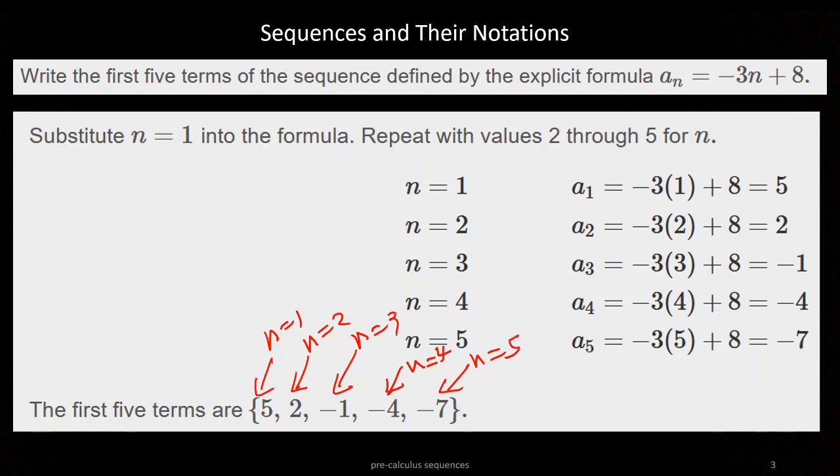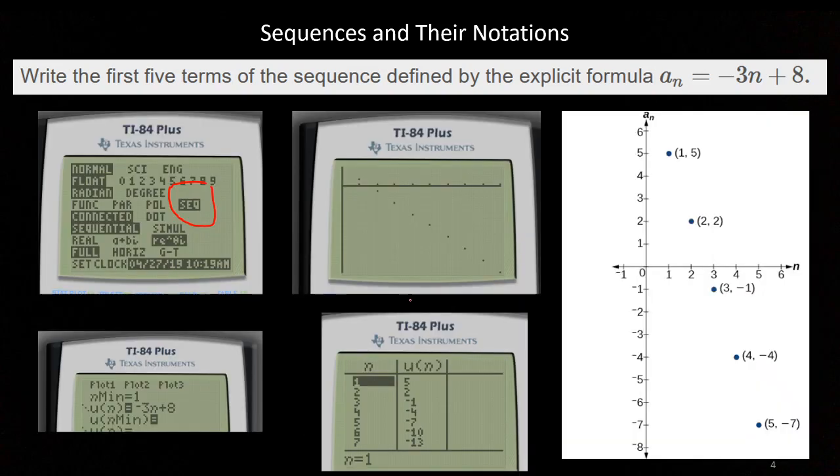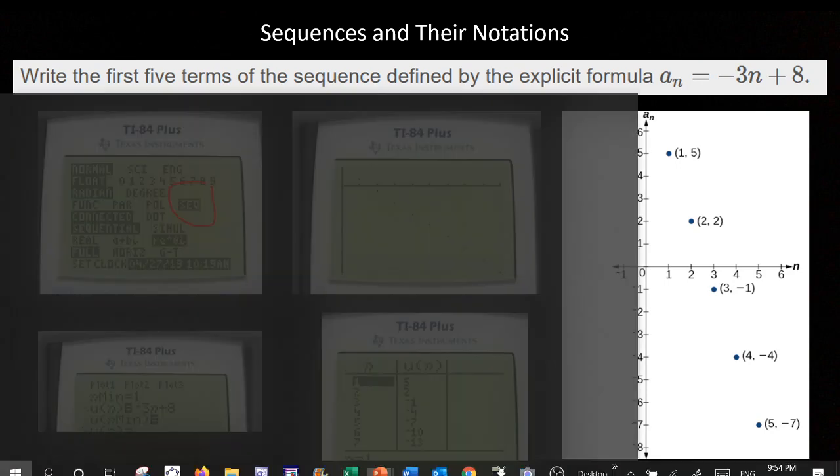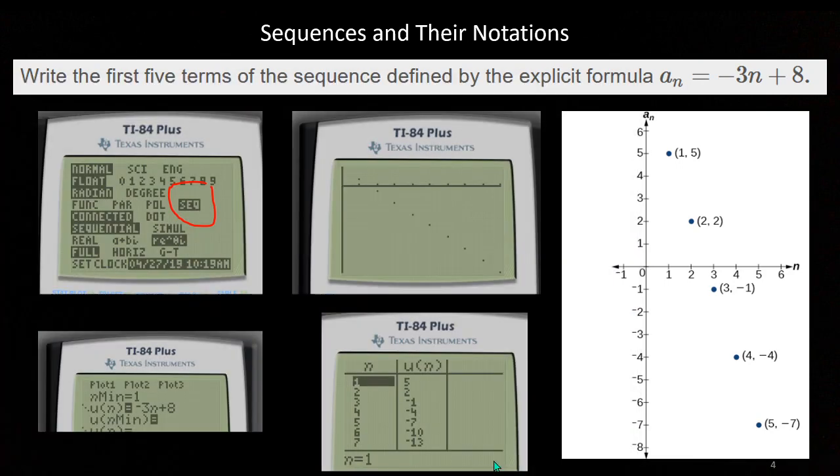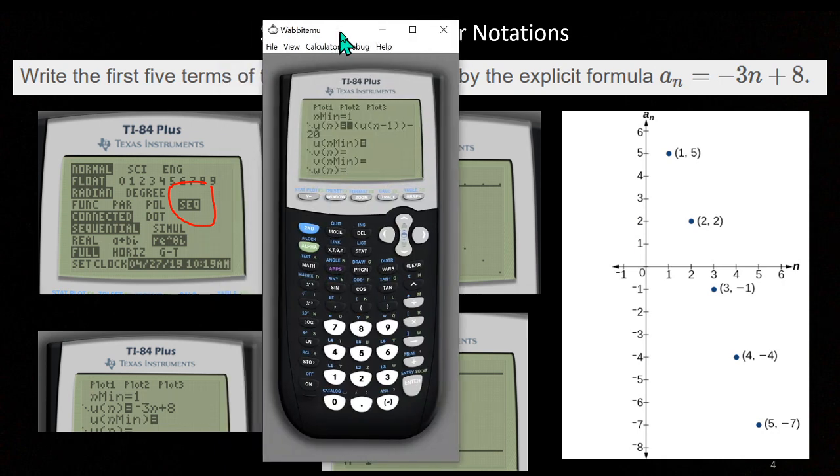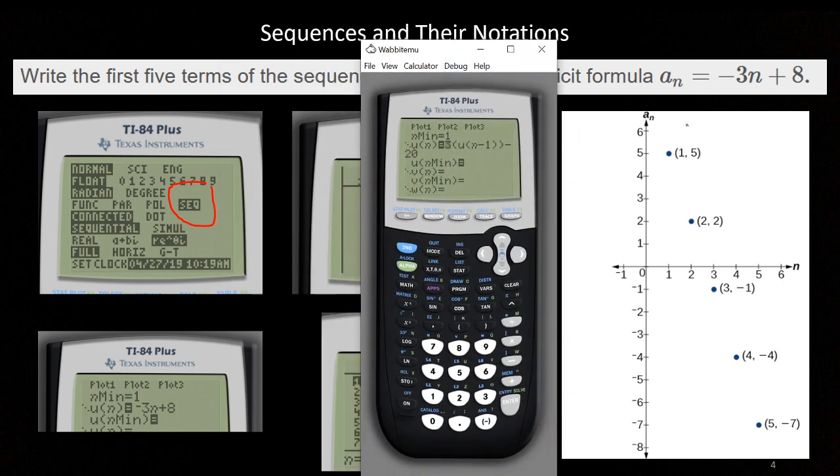Okay. All right, so now can we work with sequences with a calculator? And the answer is yes. So here we go. What if you have a formula like the one we just had, right? Which is that one right there. So what we do, first of all, you go to mode and change the mode of the calculator, which usually is on function when you do algebra and other things with functions.